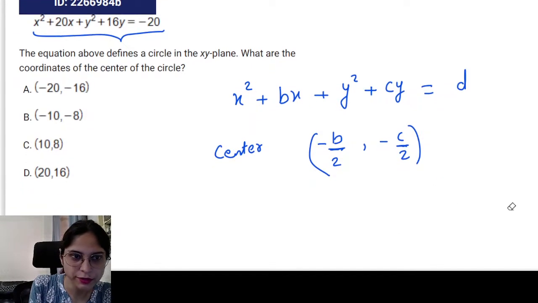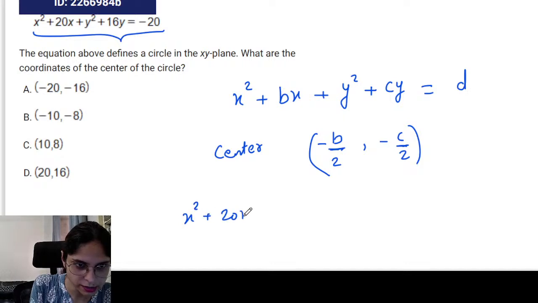So now how are we doing it? We have to complete the square. So what does completing the square mean? You have x squared plus 20x plus y squared plus 16y equals negative 20.